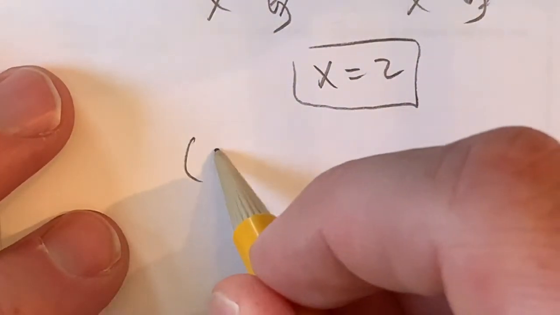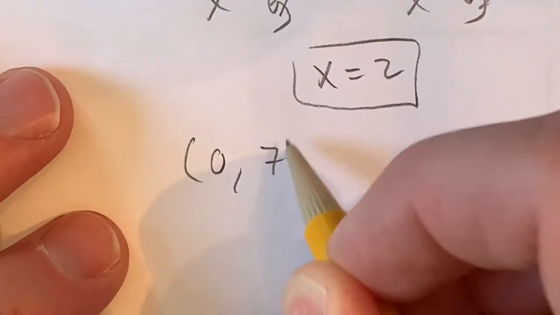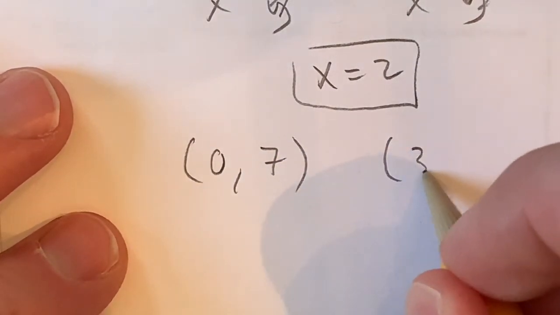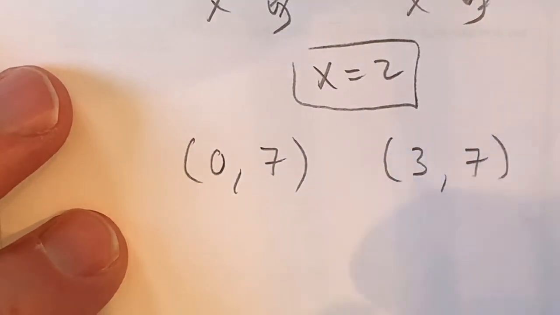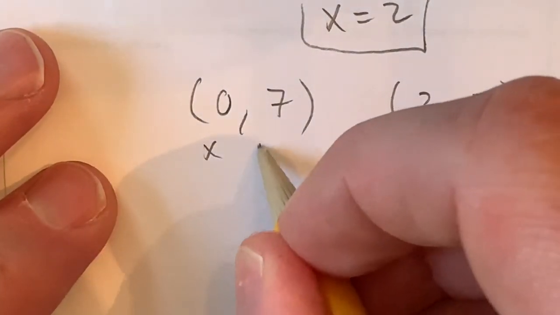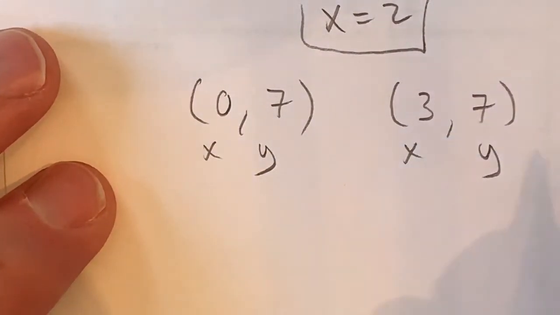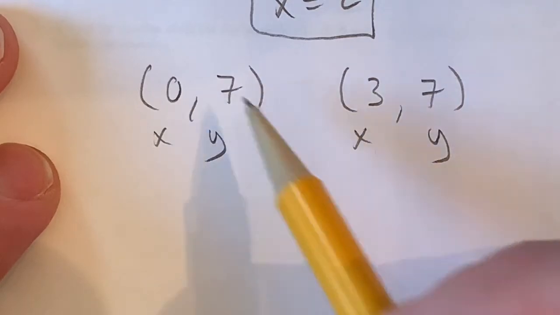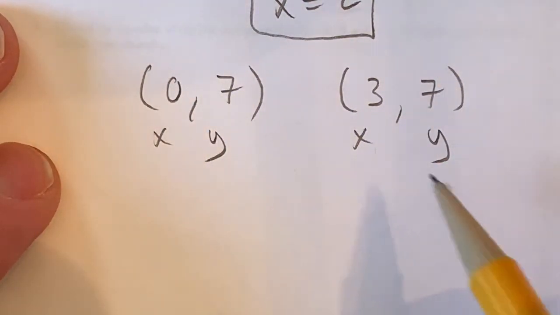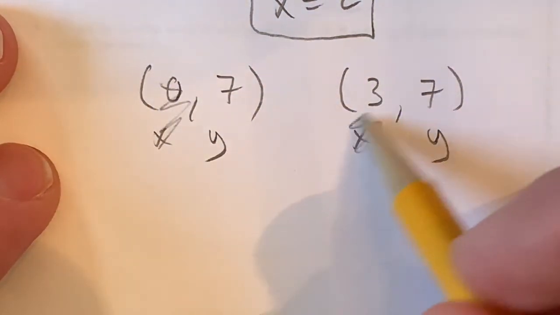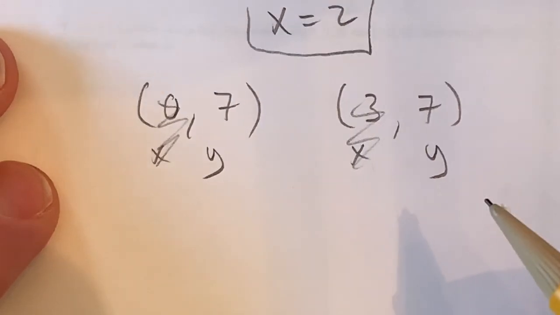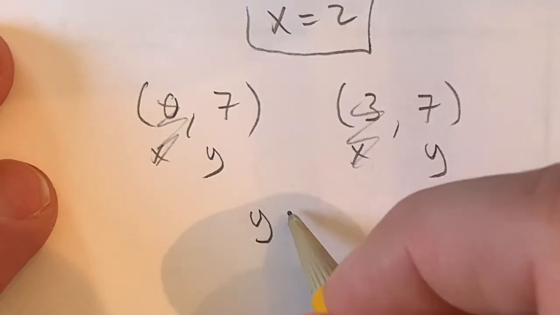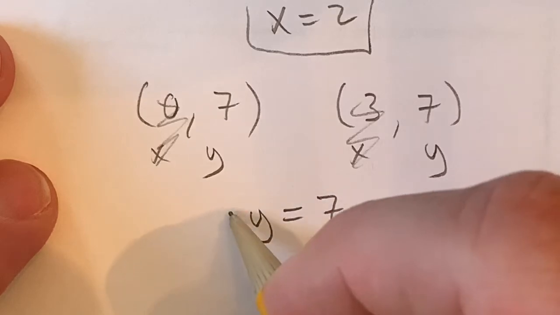Let's imagine now that I'm at (0, 7) and then (3, 7). Let's label this again, x, y, x, y. Well, what do you notice now? Both of my y's are 7. So it doesn't even matter what the x's are. I don't need to find the slope. This is a straight line where y equals 7.